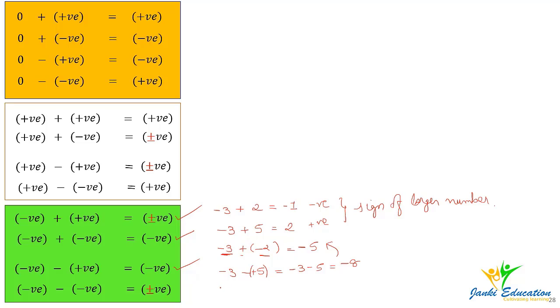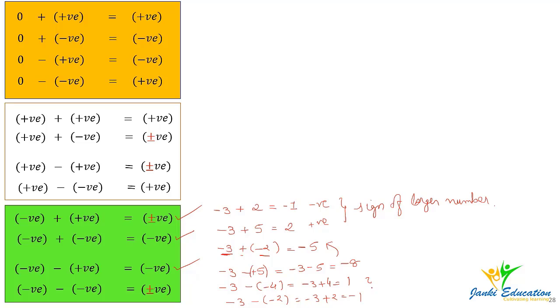Now the last part, minus 3 minus minus 4. Say it is minus 3 plus 4, that is equal to 1, and minus 3 minus minus 2, say minus 3 plus 2, that is equal to minus 1.